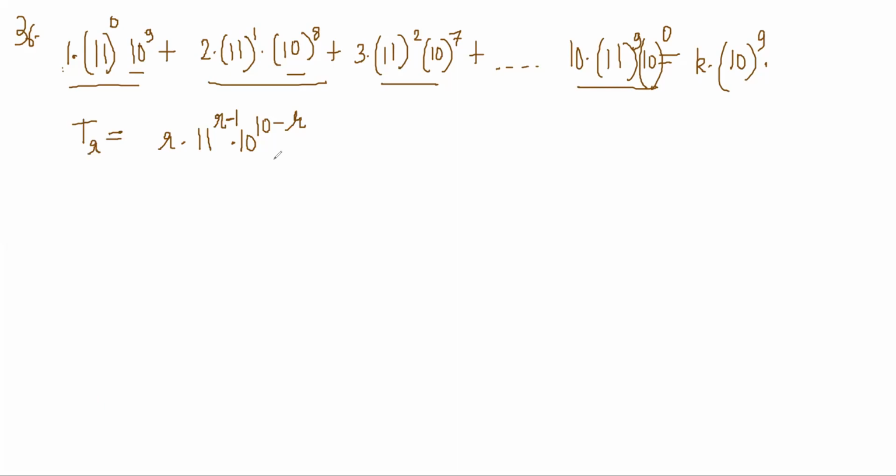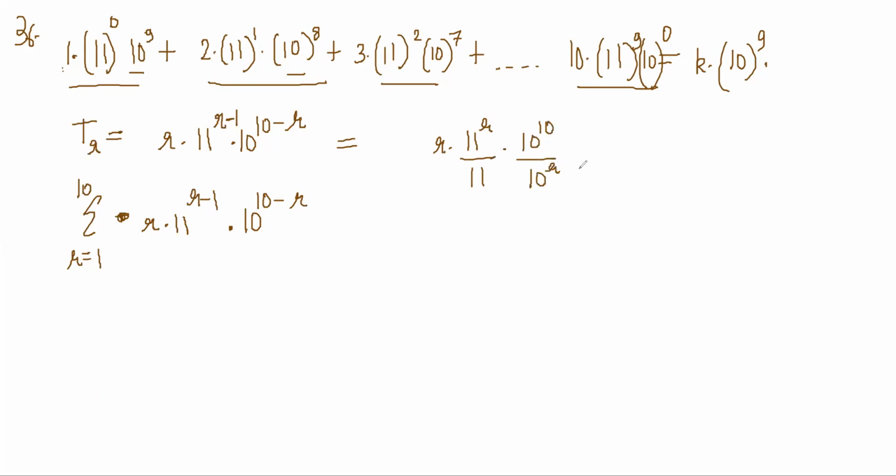Now we have to do the sum of this series from R equal to 1 to 10, of R into 11 power R minus 1 into 10 power 10 minus R. Let's simplify it a little bit: R into 11 power R by 11, and 10 power 10 by 10 power R. So this is 10 power 10 by 11 into R into 11 by 10 to the power R. This is a constant term, so in the summation it will not matter.